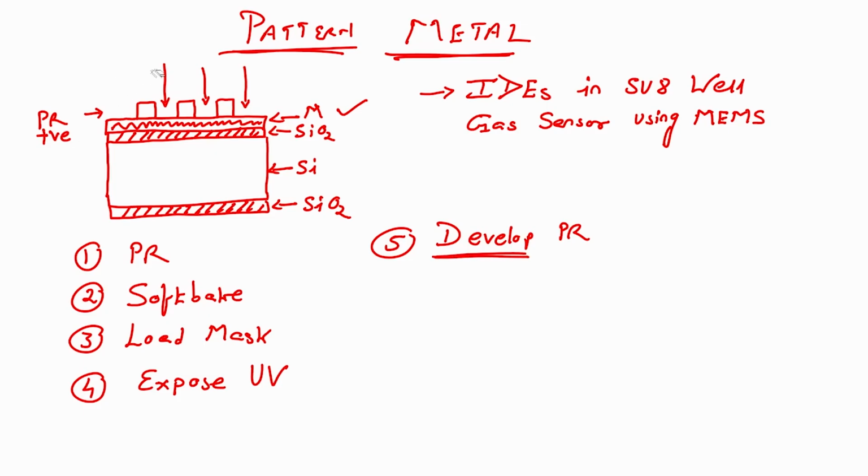So, now you know that you have the photoresist. Now, what is the next step? We want to etch the metal, because the idea is to pattern the metal.